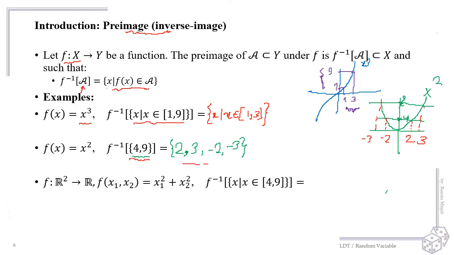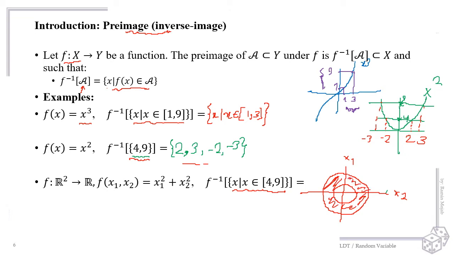And another example, a function of two variables, x1 squared plus x2 squared. Here the preimage of this subset of the codomain, x such that x is in this interval. I'm not going to write the codomain. It's a ring. I want to show this one. For example, if this is x1 and this is x2, then the preimage is this ring.